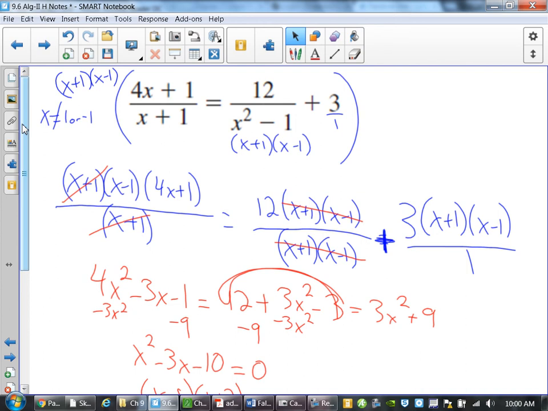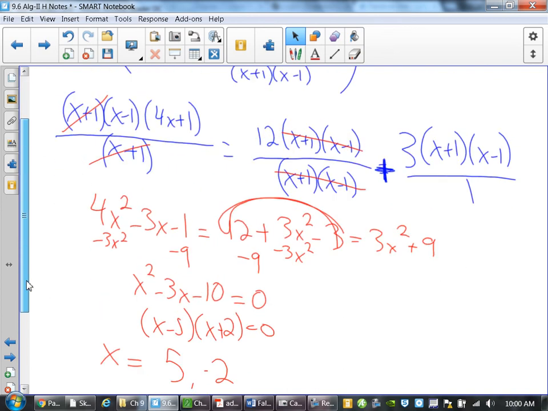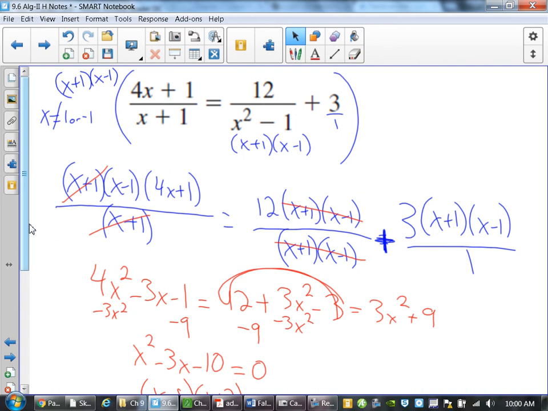I get 3 on that side, and I check the other side. 12 divided by 2 squared minus 1. Isn't it negative 2? Oh, did I write it wrong? Thank you. So let's redo that. I have 4 times negative 2 plus 1.